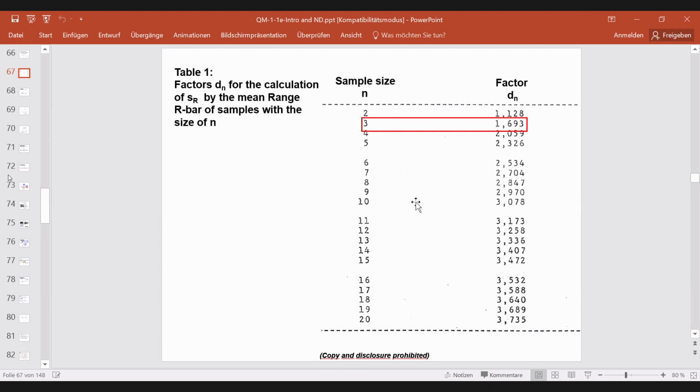And you will find these tables in statistical books or on the internet, of course.